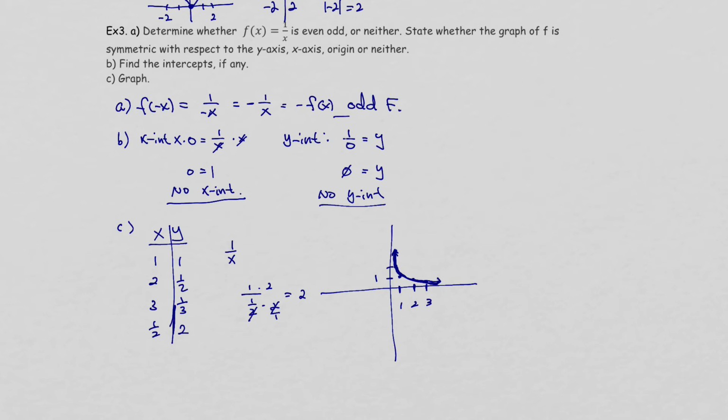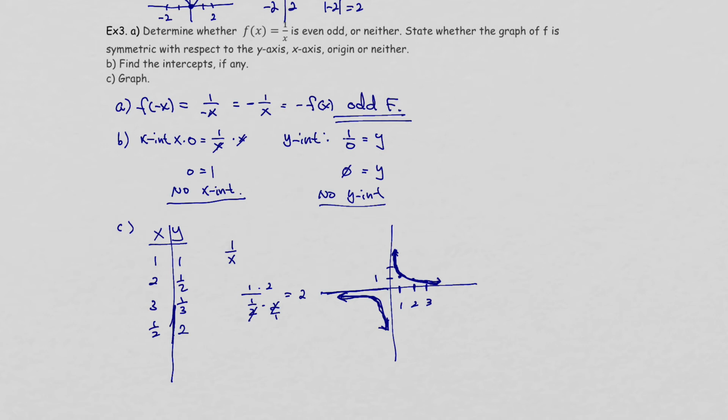But because we know this is an odd function, which means origin symmetry, the other side, the negative x values, even though I didn't plug in here, I know that the negative side is going to look exactly the same, right? In the third quadrant, because of the origin symmetry, right?